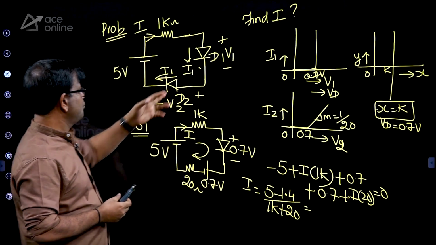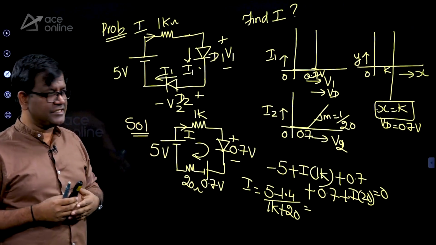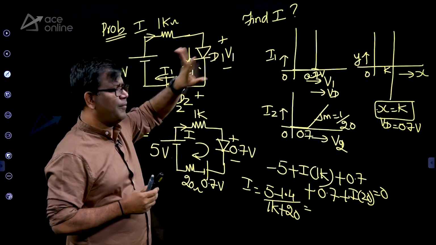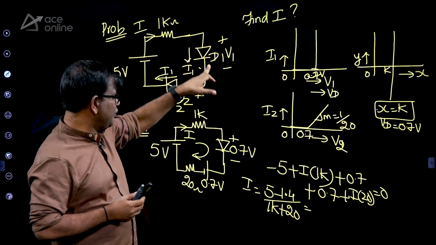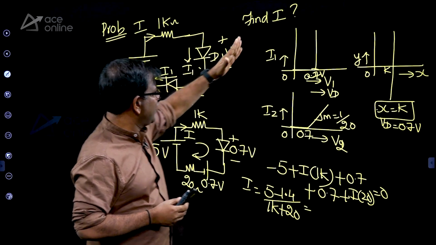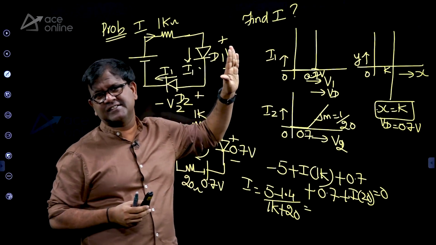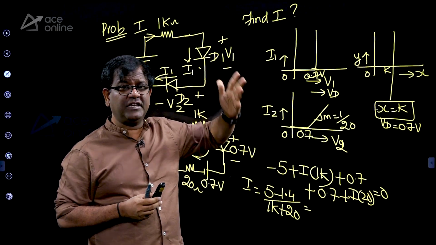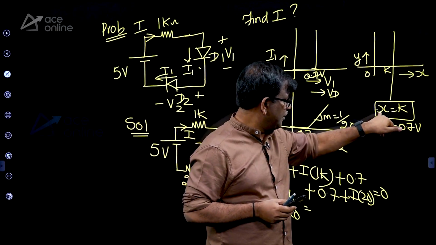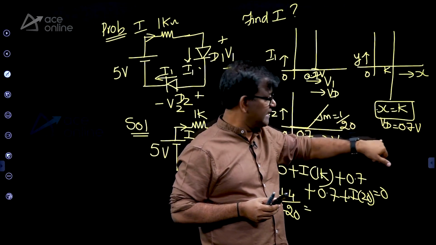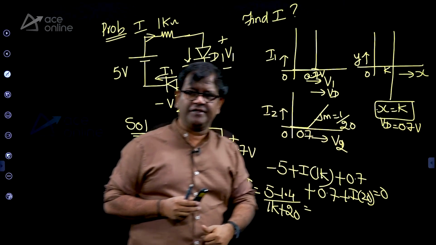So he has given you two diodes with two different characteristics. The moment you see a problem, don't always take 0.7. When will you take 0.7? Only if the line is parallel to the y-axis. How do you know whether the line is parallel to the y-axis? See the question. The examiner should give you x equal to constant, the examiner should give you Vd equal to 0.7.